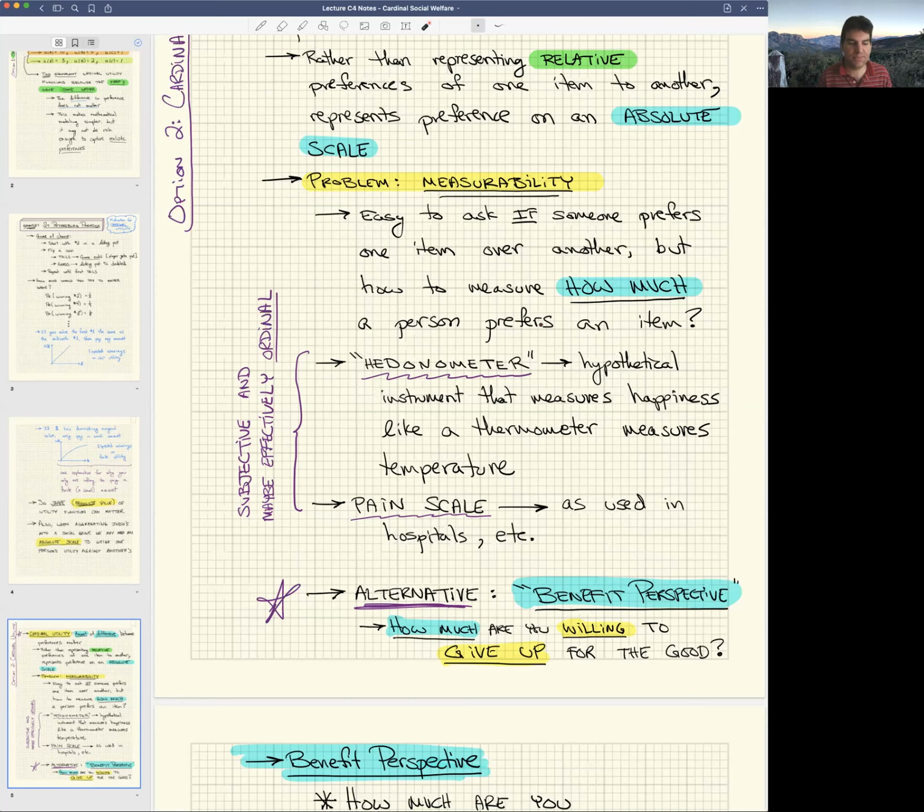In a hospital, people ask you about a pain scale. They'll say, how are you feeling today? On a scale of 0 to 10, where 0 is I'm feeling great, and 10 is I'm in excruciating pain, and 5 is whatever. And they use that to try to get an idea of the magnitude of how you're feeling. These are good places to start, but in the end, they really seem like they might be effectively ordinal. They're really just looking for a way to rank.